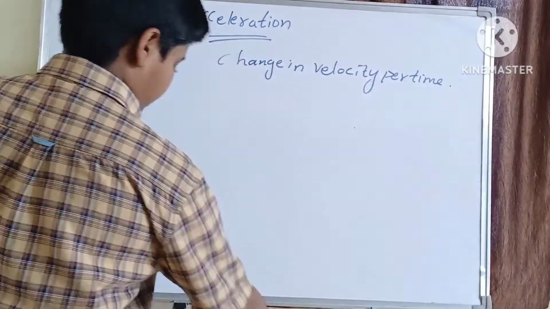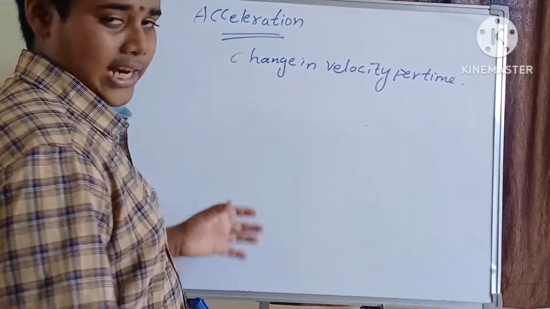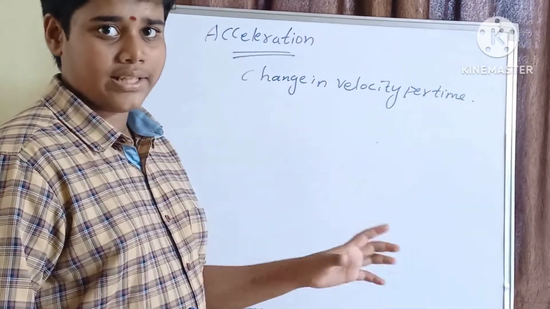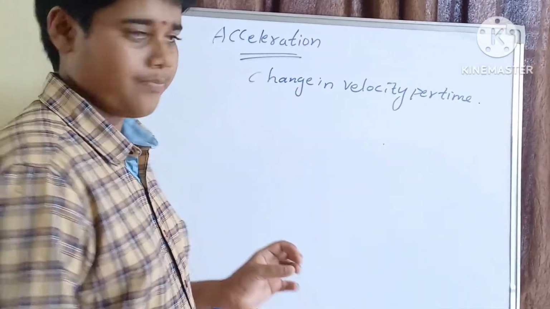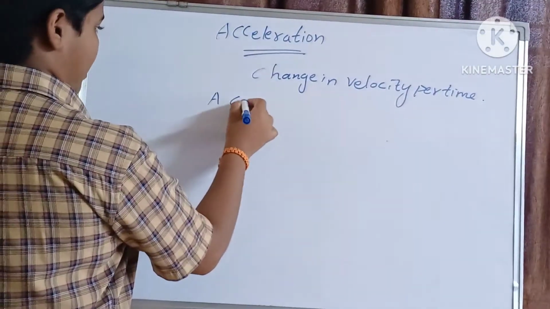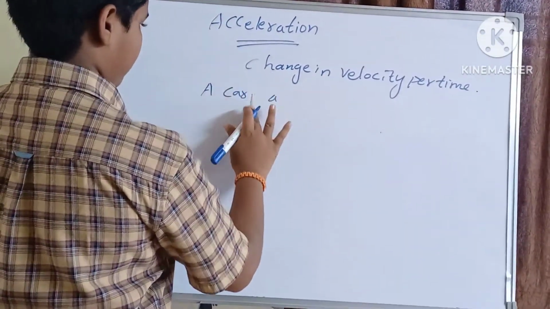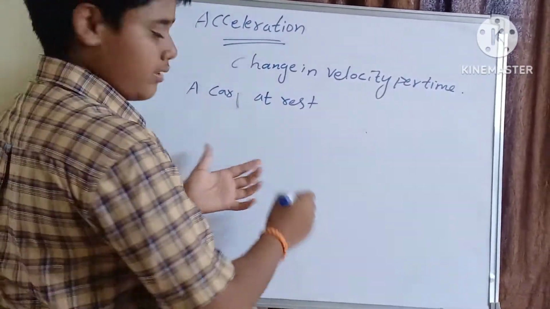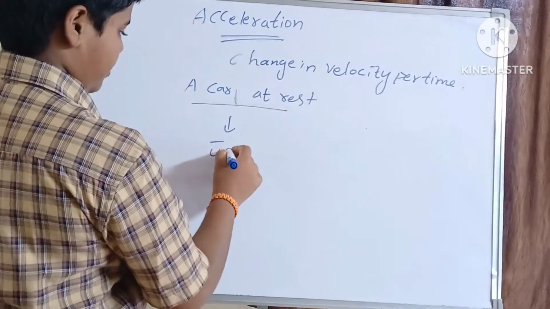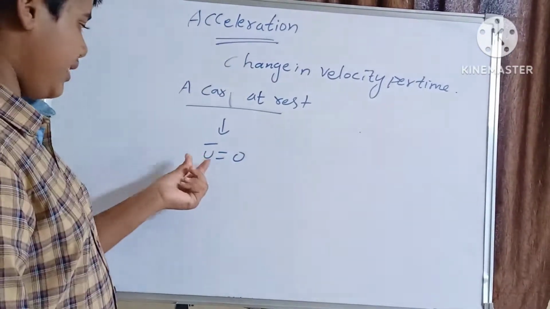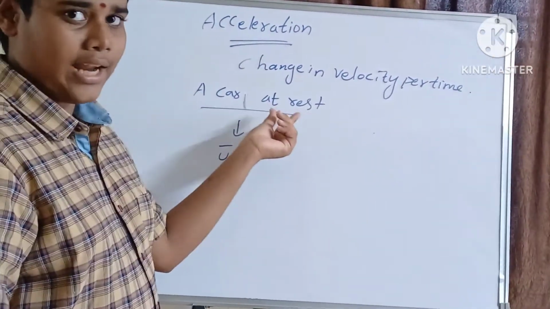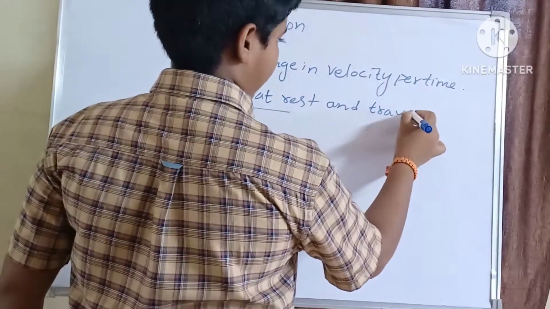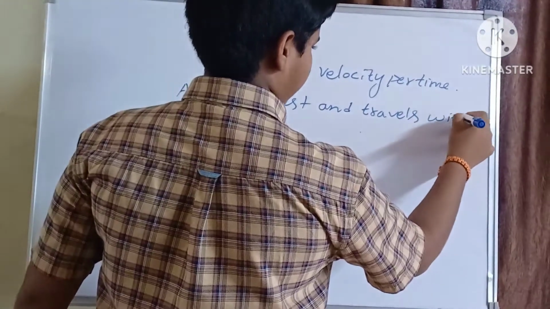For example, a car at rest travels at 80 km per hour within 1 hour. A car at rest means u bar is equal to 0, because the initial velocity is 0.